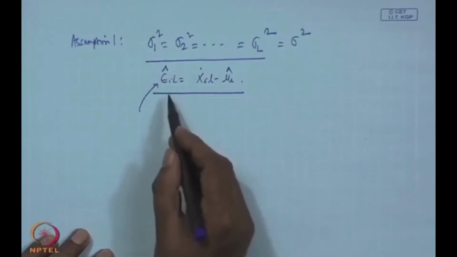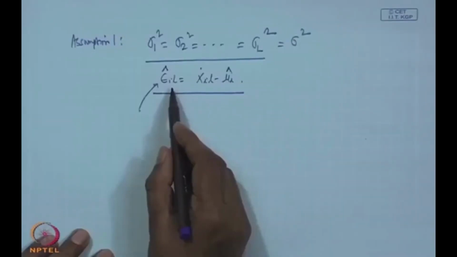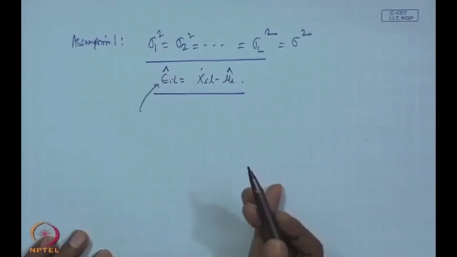If error 1 is normally distributed, then error n is also normally distributed, that is identically distributed. Independent means there is no correlation between the errors. How to test normality we have also discussed earlier in some lectures.